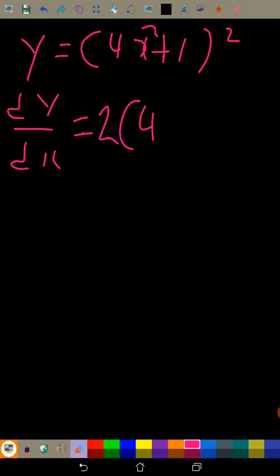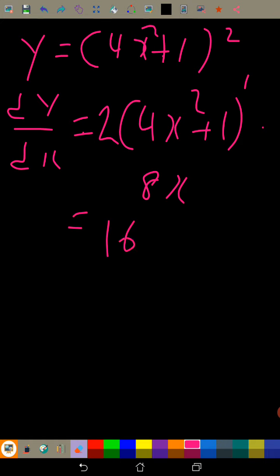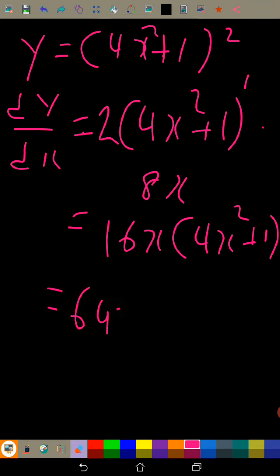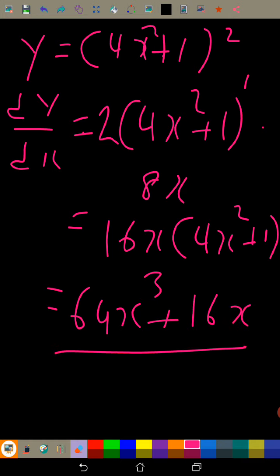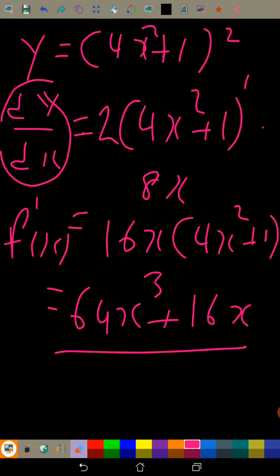We do 2 times (4x squared plus 1), this will become power 1, times what is inside differentiated, which is 8x. So overall we have 16x times (4x squared plus 1). Expanded, it is 64x cubed plus 16x. And that's the answer for the first derivative, or f prime x, if this was f(x).